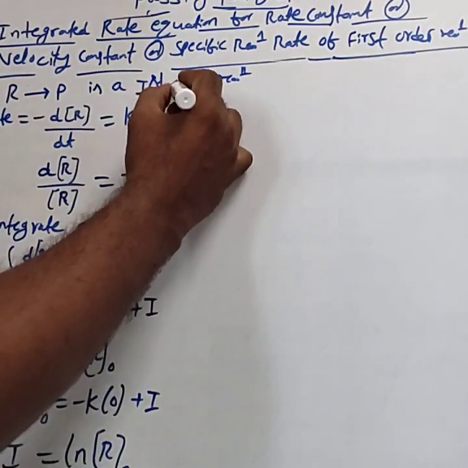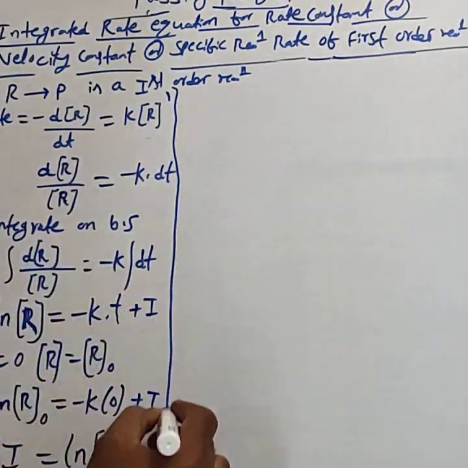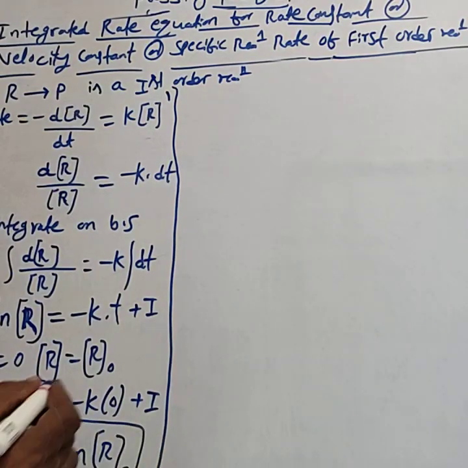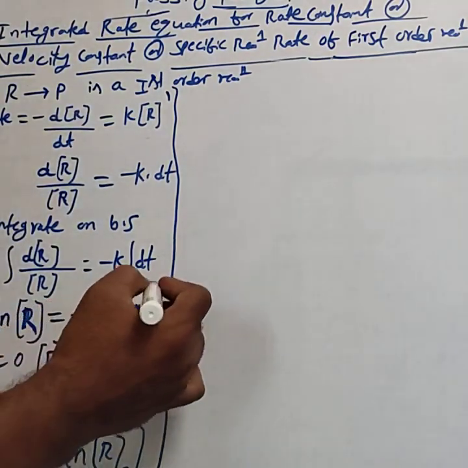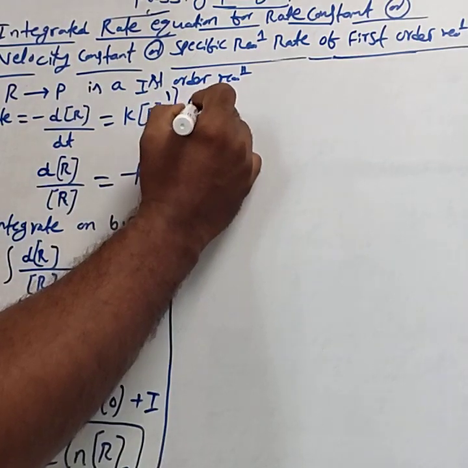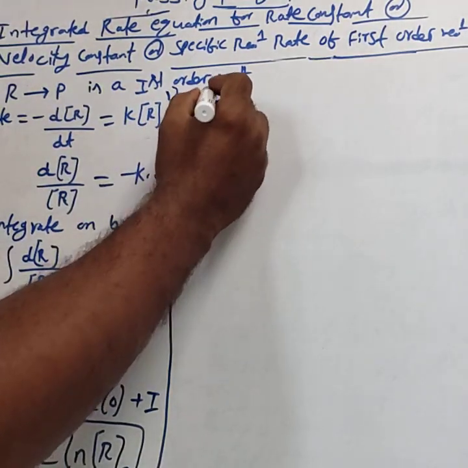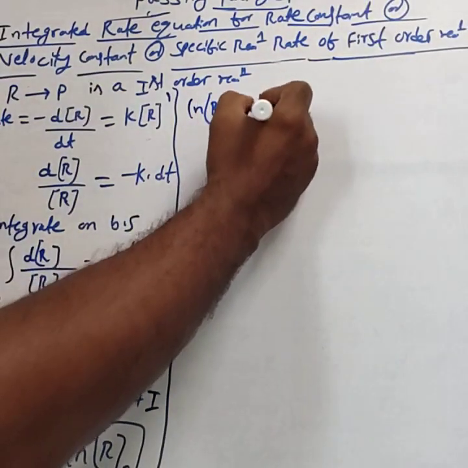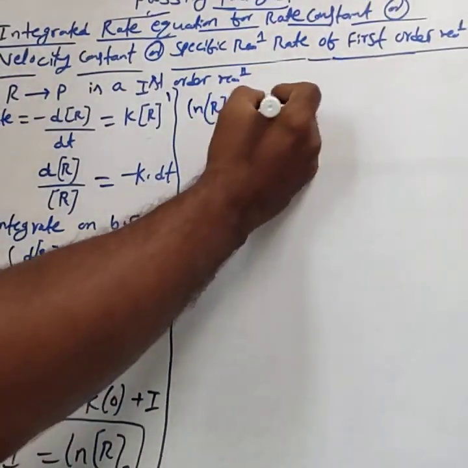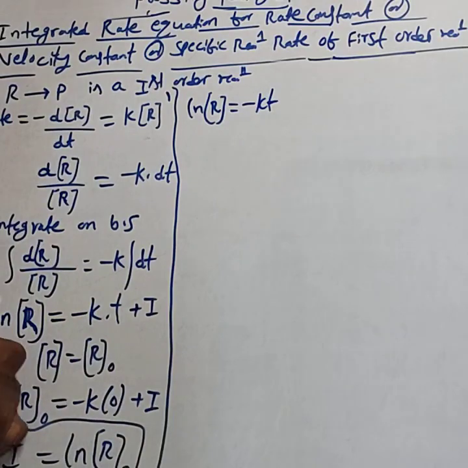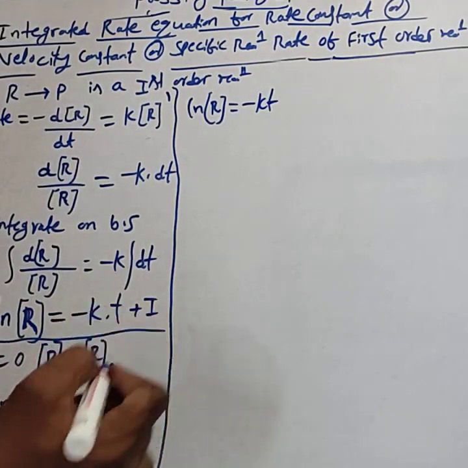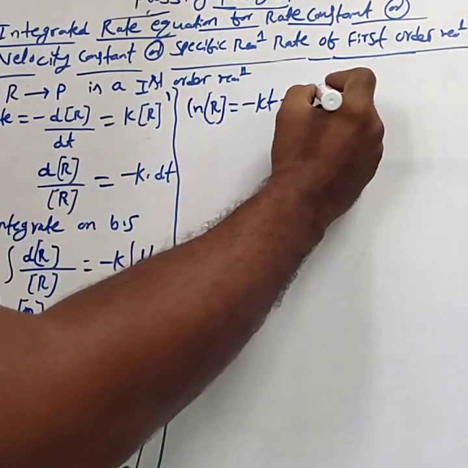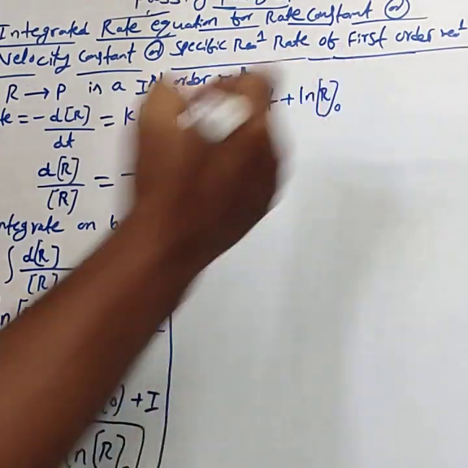Now substitute that I value in this equation. Then you get ln R equals minus kt plus ln R naught.